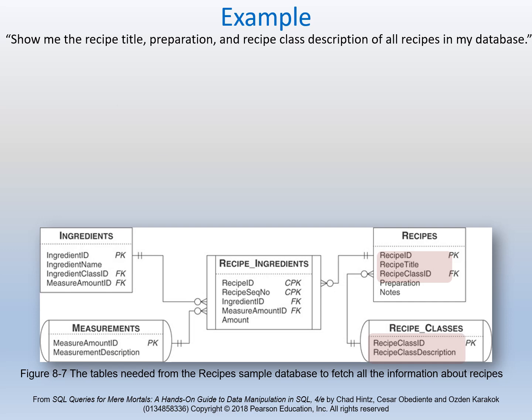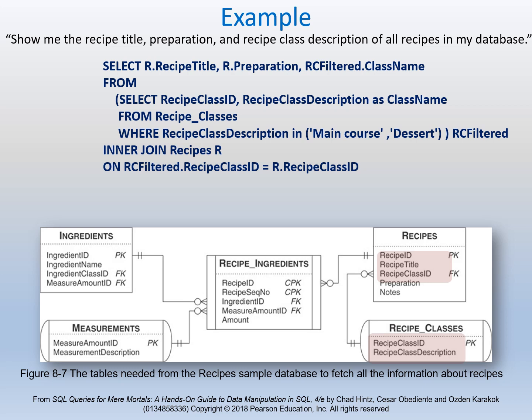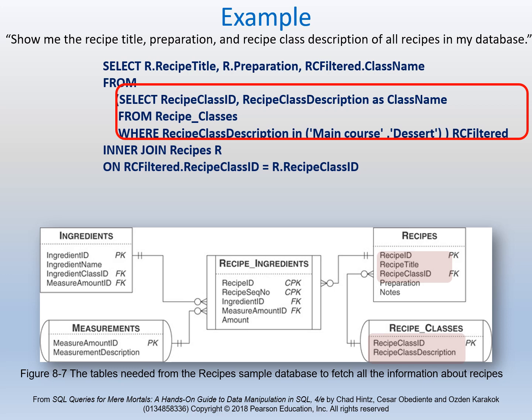So now this is the fourth select statement that I have covered in this overview of Chapter 8 for this very same query. Notice in the from clause we have another select statement. Select recipe class ID, recipe class description as class name from recipe classes, and we have our condition in the where clause.